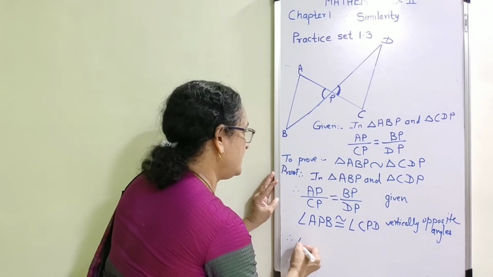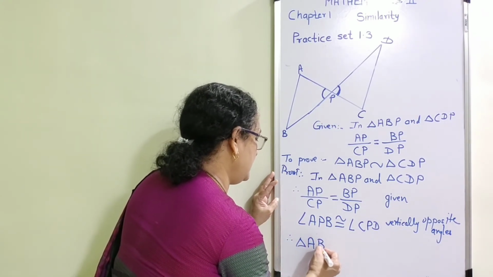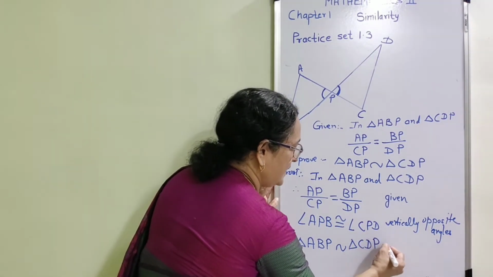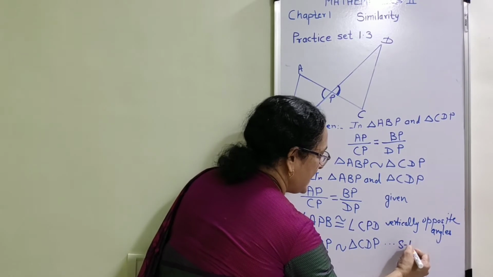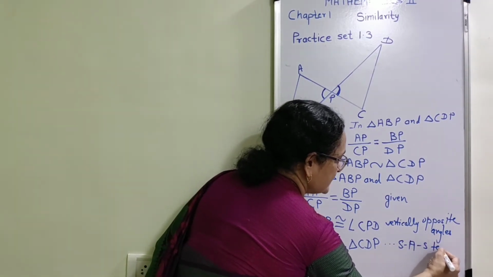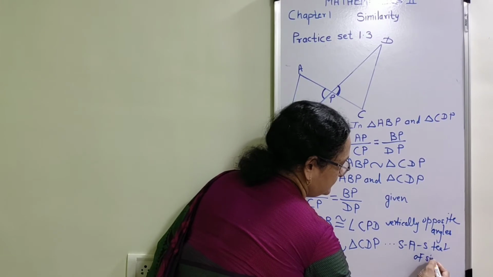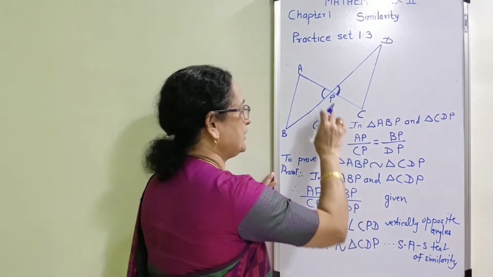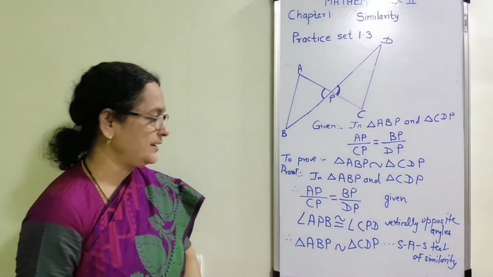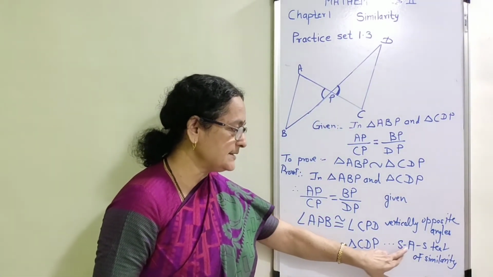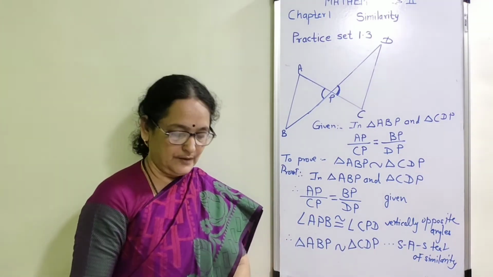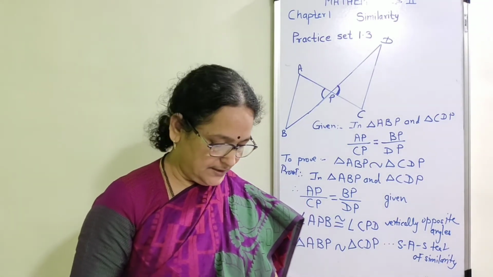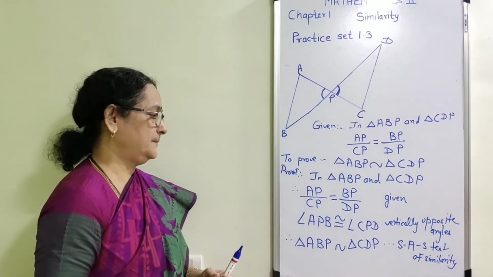Now, therefore, triangle ABP is similar to triangle CDP by the side angle side test of similarity. Since two pairs of sides are in proportion and the angle in between them is congruent, the test of similarity is the side angle side test. Now we will complete our last example from this practice set, that is example number 9.